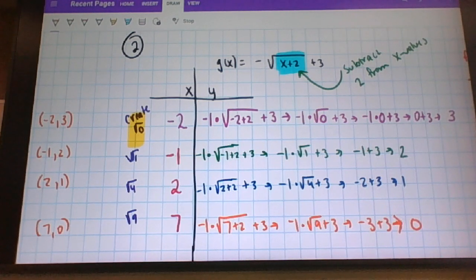There it is. Flipped over, left 2, up 3.